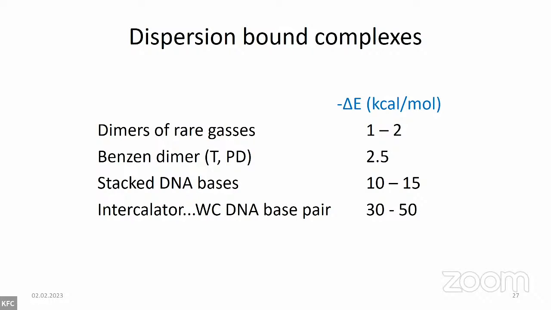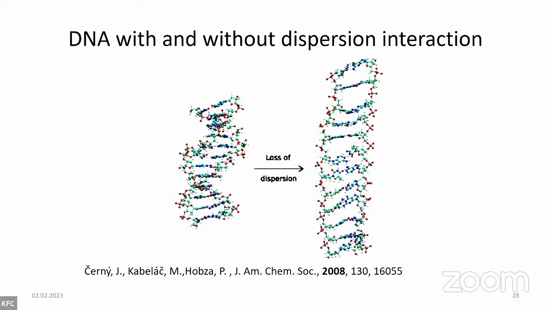But if you go towards bigger systems and bigger interaction sizes, then the interactions can be significantly bigger. Here is one nice simulation from the past, done by Pavel Hobza and his colleagues in 2008. They took the structure of DNA and artificially cut out the dispersion from the force field to see what would happen.